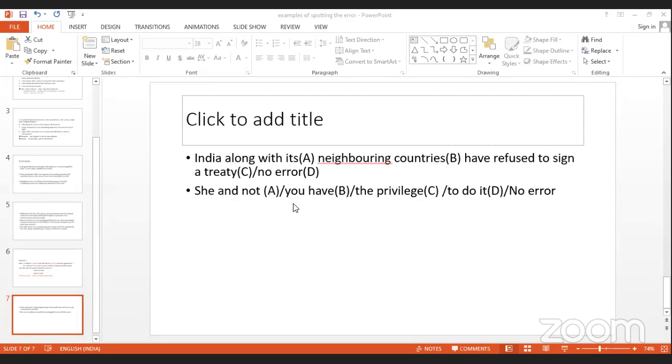So always go with the first subject, and according to that subject, you will change the verb. So, she and not you has the privilege to do it.